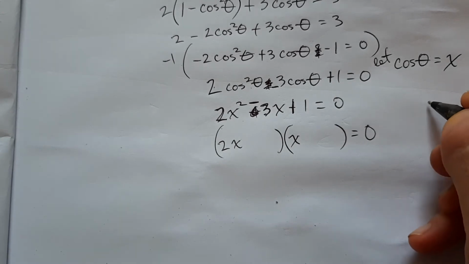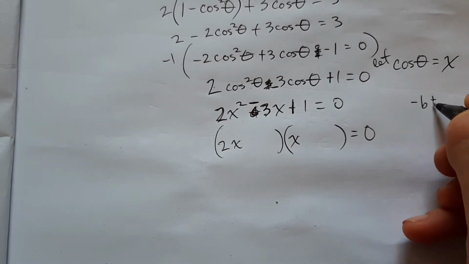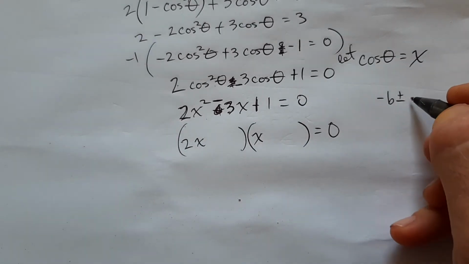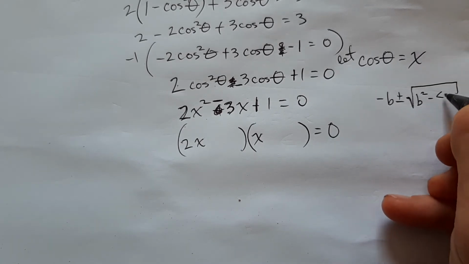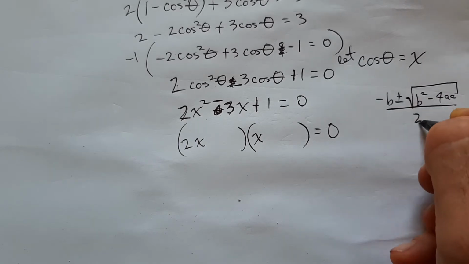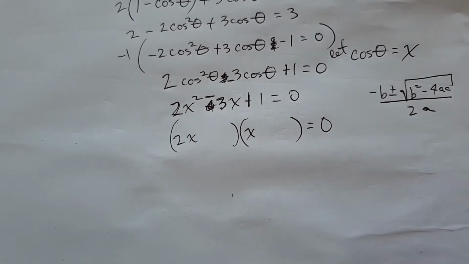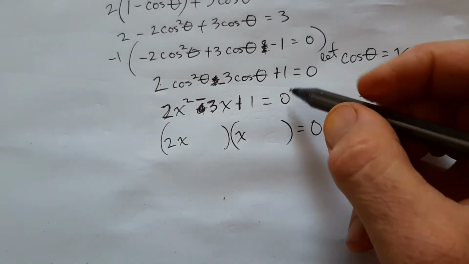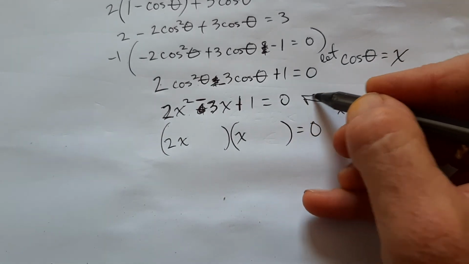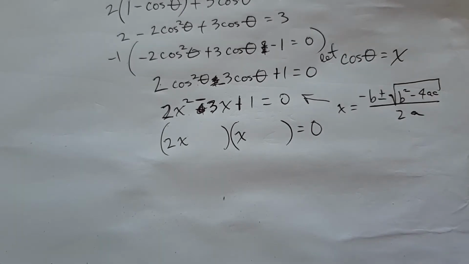So out to the side, remember you got negative b plus or minus, this is a little review for me too, I haven't done this in a long time. B squared minus 4ac over 2a. Remember x equals this, right? From this quadratic equation, there's your quadratic formula.